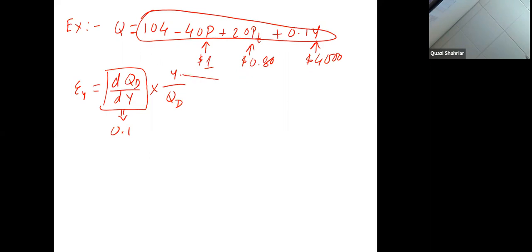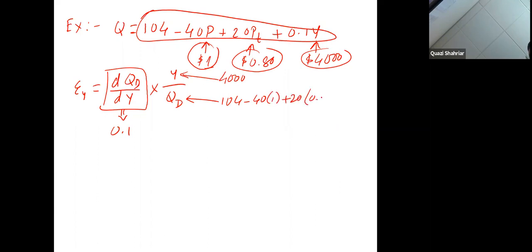Then this Y, we are told, is equal to 4,000, and QD can be calculated by substituting the price of avocados, the price of tomatoes, and the income into this equation. So this will be 104 minus 40 times 1 plus 20 times 0.8 plus 0.1 times 4,000.